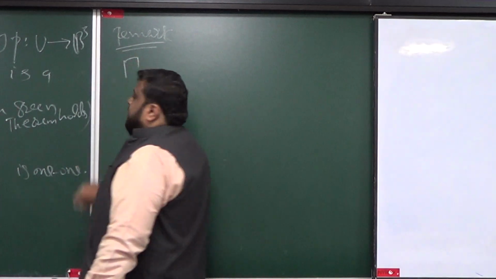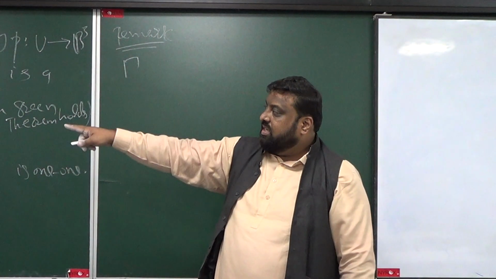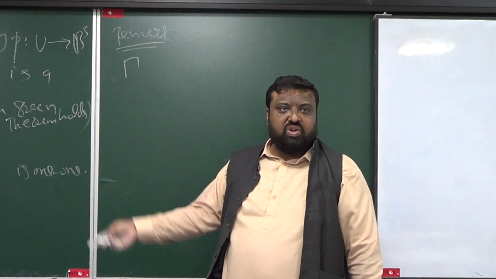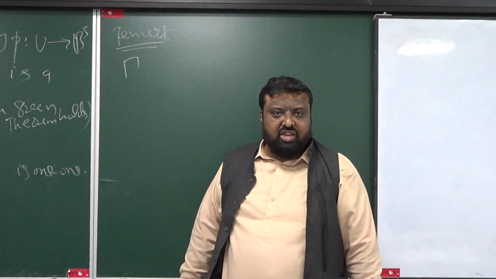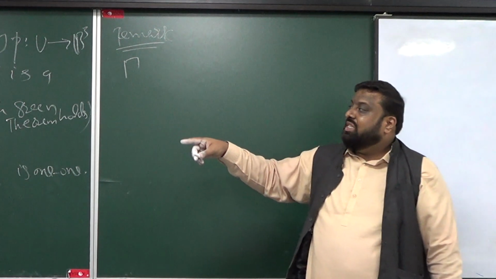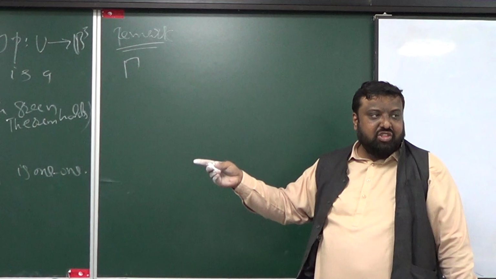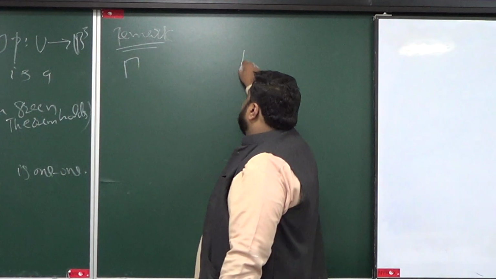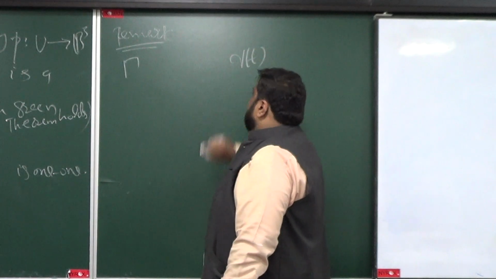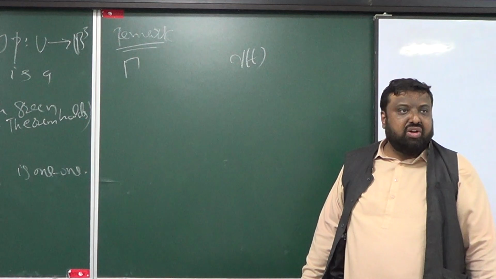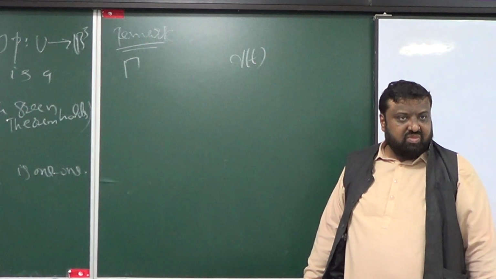If gamma is a closed curve in 2 dimensions, it's a region where you can apply Green's theorem. So it encloses the region where you can apply Green's theorem. So gamma is a curve. If it is a curve, it must have some parameterization. Later in the proof I'm going to denote gamma of t as the parameterization of gamma.